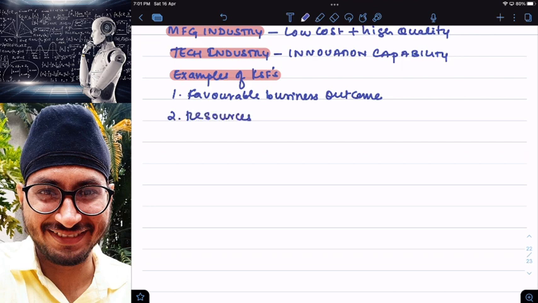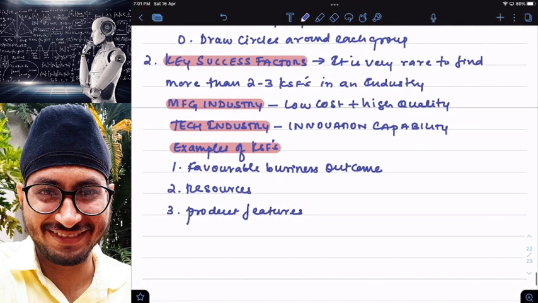Resources can be money, machines, labor, anything. Then we have product attributes, product features. These are some examples which will give success to an industry. Any factor which provides success to an industry in the market is called what? Key success factors. Clear?